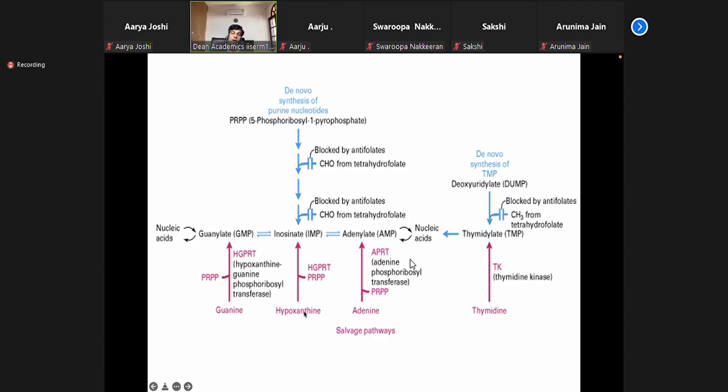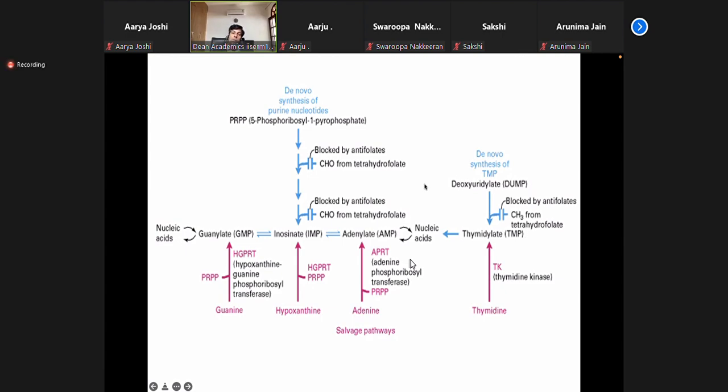Hypoxanthine is converted into inosine, and then GMP and AMP are formed. You can also have guanine converted into guanylate, and adenine converted into adenylate, and similarly for pyrimidine, thymidine converted into thymidylate, TMP, right?